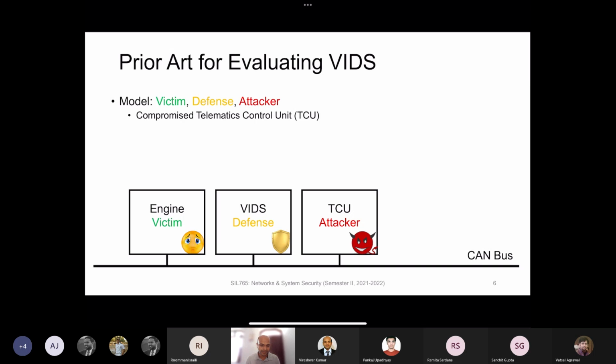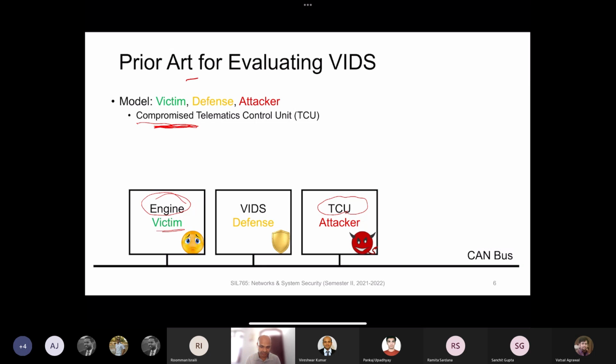So in this model in prior art, what we had was these different entities. Let's say the engine ECU is the victim in this case, and there is a compromised telematics control unit which can be remotely accessed.